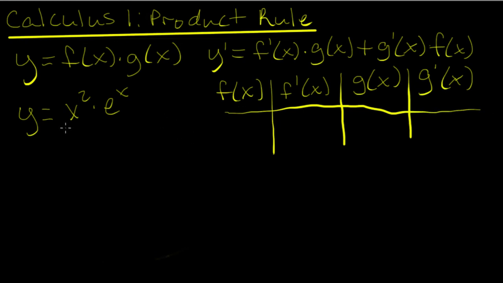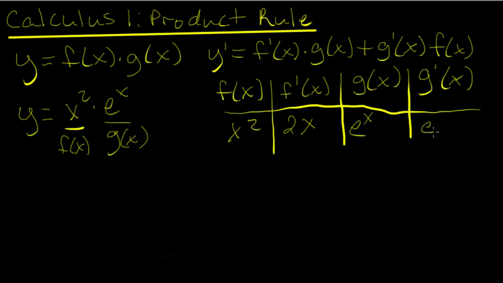So as we can see from the function, x squared is f of x, and e to the x is g of x. So over here on our chart, for f of x, we can write x squared. The derivative of x squared is 2x. G of x is e to the x, and the derivative of e to the x is e to the x.